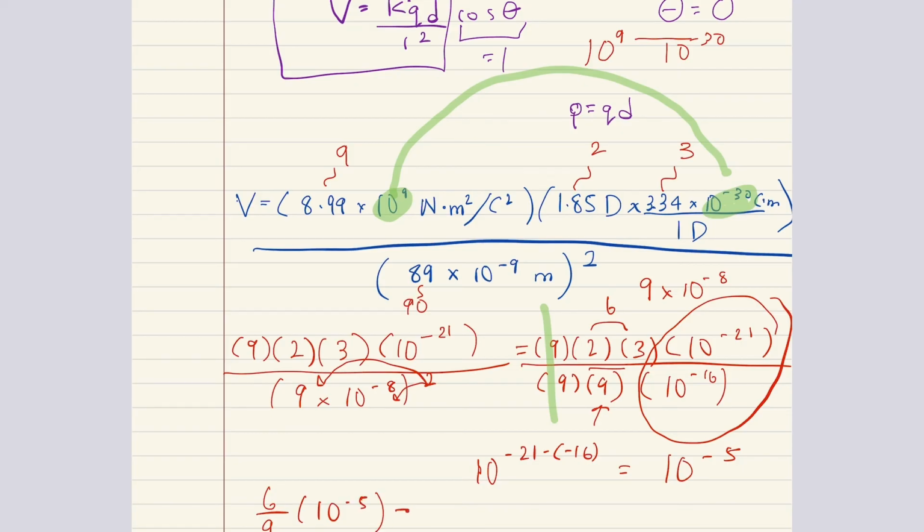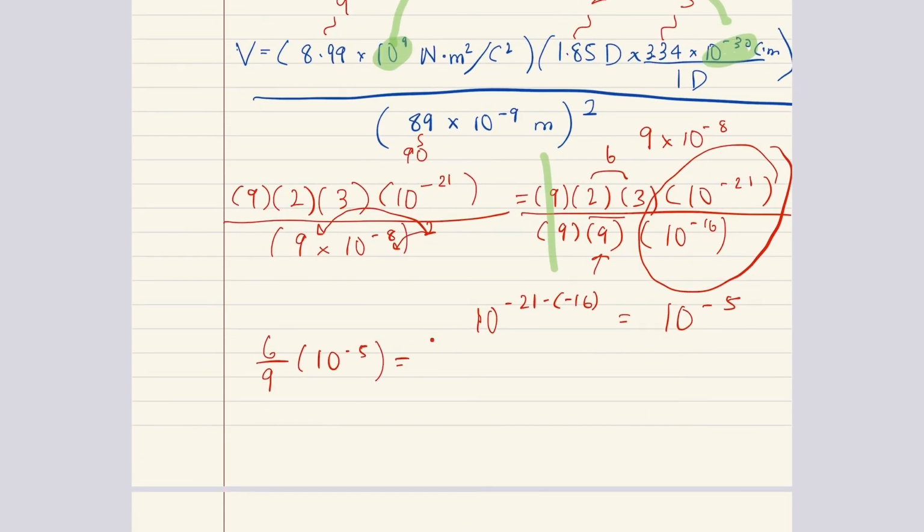We can simplify this further. This is 2 over 3 multiplied by 10 to the negative 5. And this is equal to 0.66 times 10 to the negative 5, or in other ways, 6.6 times 10 to the negative 6. And the units here is volts. So this is our answer for the problem.